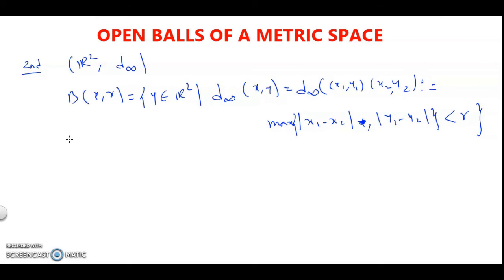So now we have to visualize this geometrically. How does this open ball look in R2?